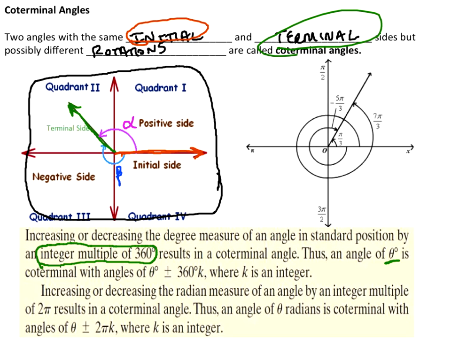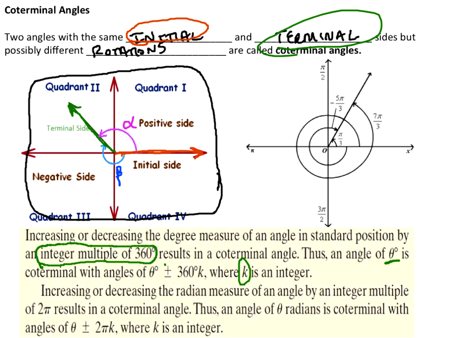So an angle of theta degrees is coterminal with an angle of theta plus or minus 360 degrees times K, where K is some integer. Say I wanted to go twice around the circle, K would be 2, which means I would be adding or subtracting 720 degrees.